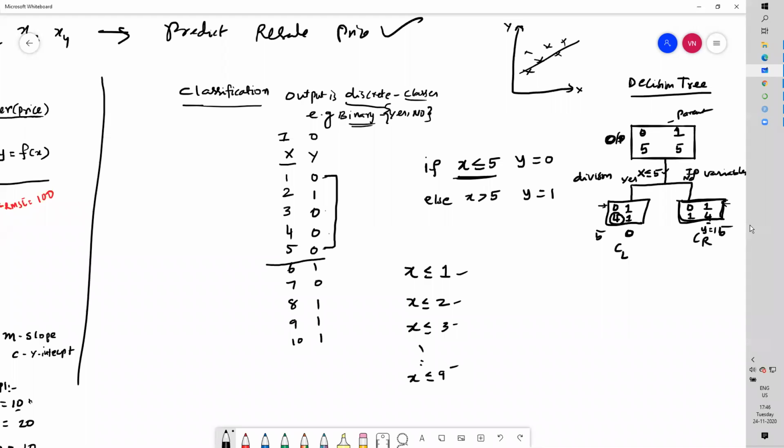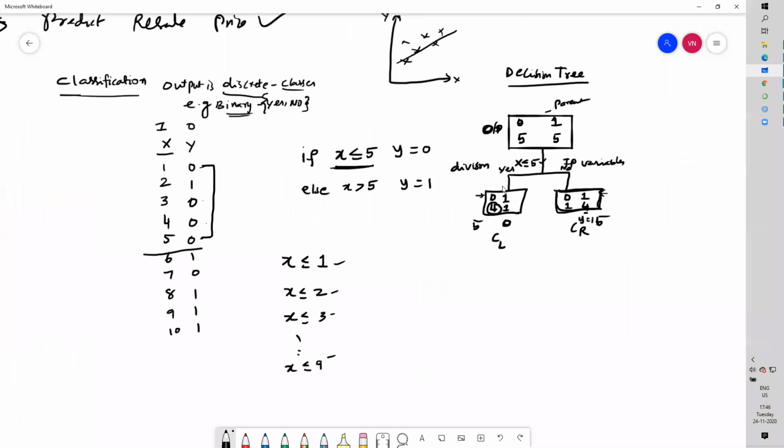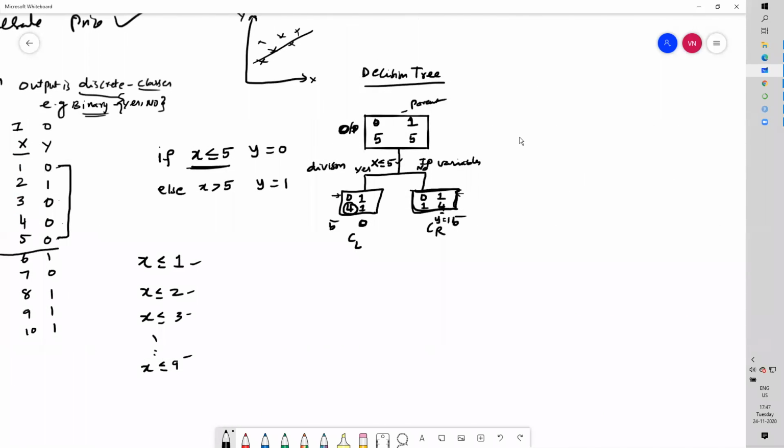But how do we quantify it? We cannot use manual verification like this. So we need a metric, just like how we have a cost function in the linear regression example. Here also we need a metric that says which is giving us a better separation. Those metrics are called measures of impurity.